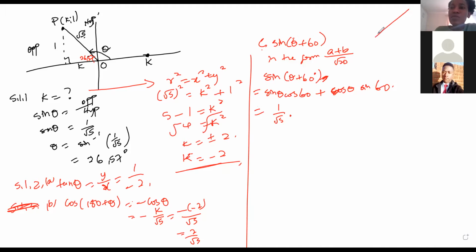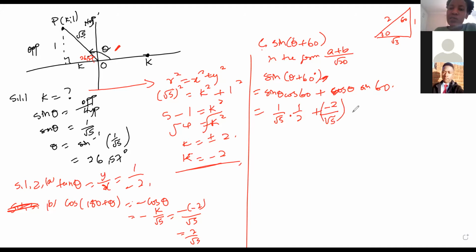Cos 60, remember cos 60 from the 30, 60 triangle: we said this is 1 over 2, then this is root 3. So cos 60 becomes 1 over 2. This is root 5, plus cos theta from this side. Cos theta is K over root 5, which is minus 2 over root 5.